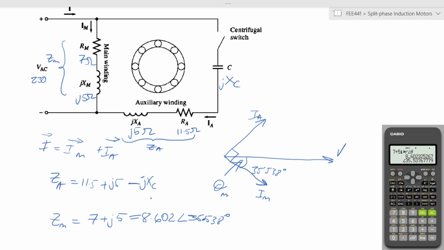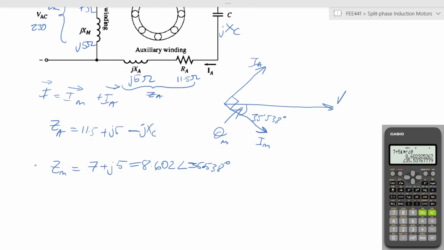So the angle between IA and IM is 90 degrees, which is equal to 35.538 degrees minus theta A. That is therefore 90 minus 35.5376779.